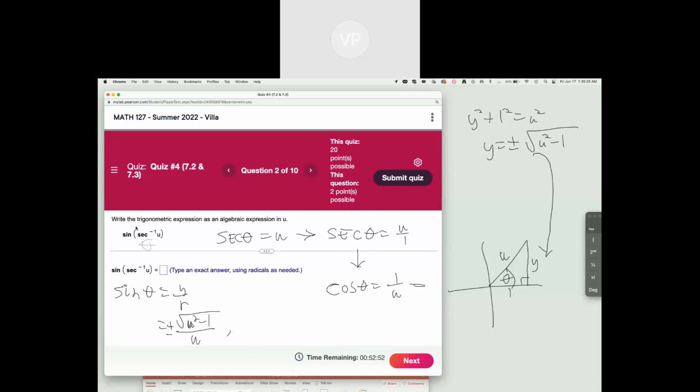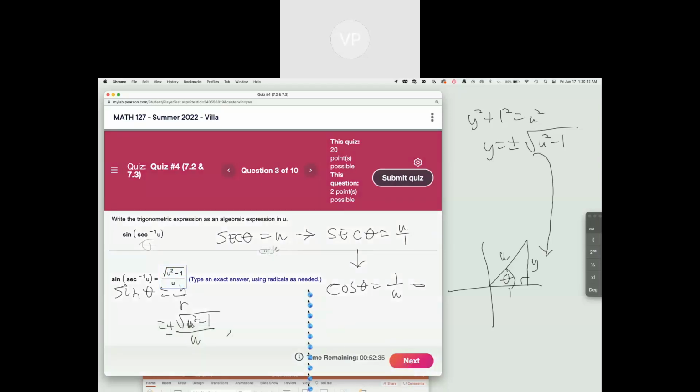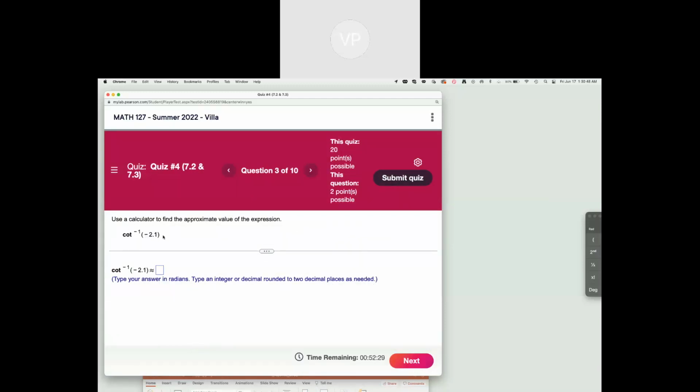And again, I have a plus or minus. Now, they didn't specify if it has to be positive or negative. They didn't really tell us anymore. If you want to get very technical, very official, you should put the plus or minus, but I'm pretty sure we can just get away with saying the positive root: the square root of u squared minus 1 all over u. Of course, I can't check my answers, but we'll check it at the end there.